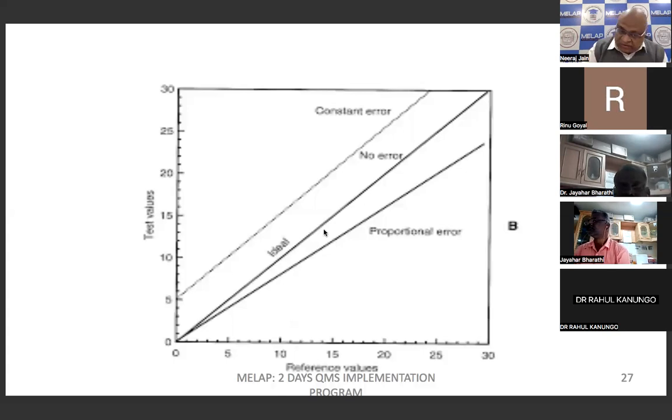And if at some point value is high, at some point it is low, then these are called random errors. So when you are comparing new machine with already existing machine, the results should come similar. Otherwise, ask company people why it is happening, and you have confidence on your old machine.